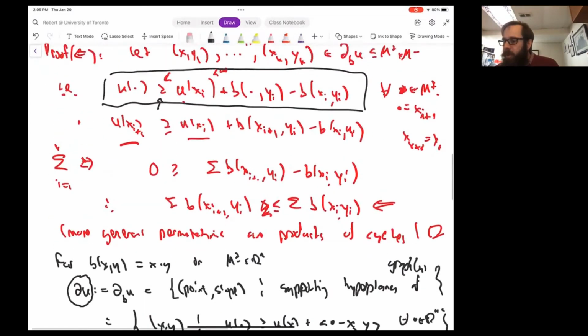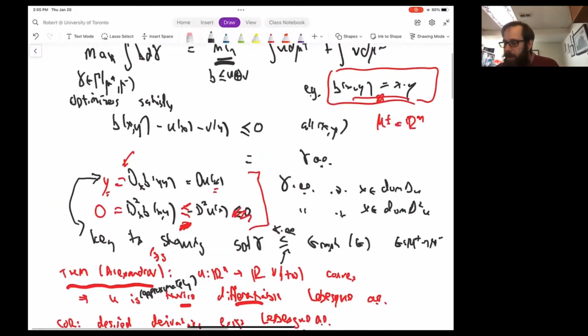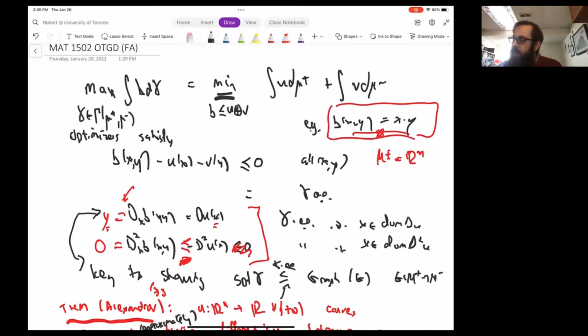So if we go back to our original problem, this kind of development that I've shown for the function x dot y turns out to apply to a much broader class of functions b as well. Basically if the supports of mu plus and mu minus are compact and b is twice continuously differentiable, then I can find a minimizer u and v which are as smooth as a convex function would be.